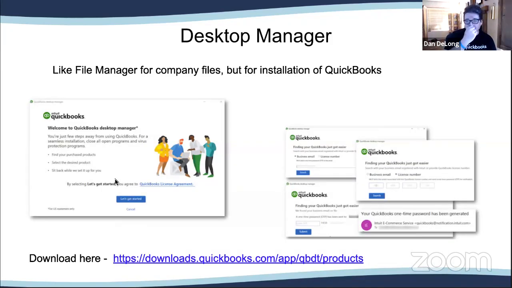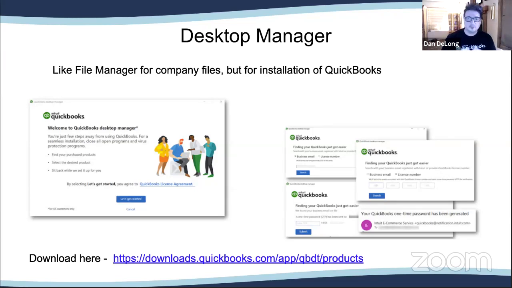Now, there are some tools that have come along with the 2021 release. Desktop Manager is kind of like, if you've ever used as an accountant the file manager for company files, but this is a consolidation of your installations of QuickBooks.